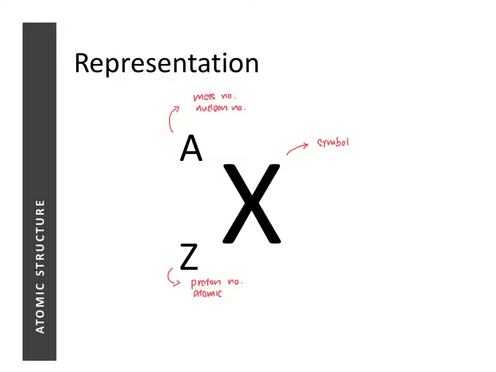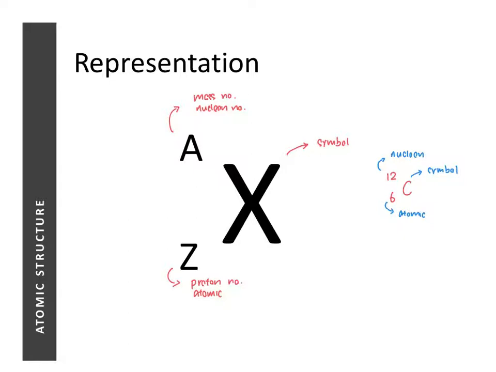So if I have an atom of carbon, for example, I can represent it like that, where C is again the symbol, and then 6 is your atomic number or proton number, and then 12 is your nucleon or mass number. So what can we tell from the symbol and the numbers?